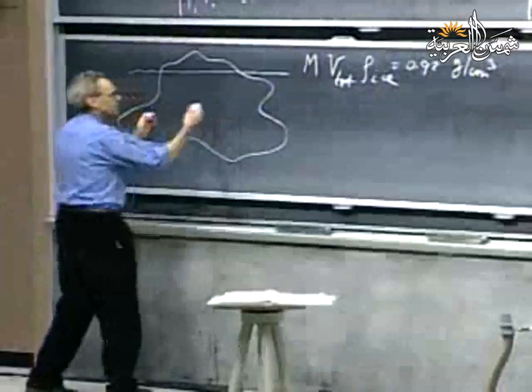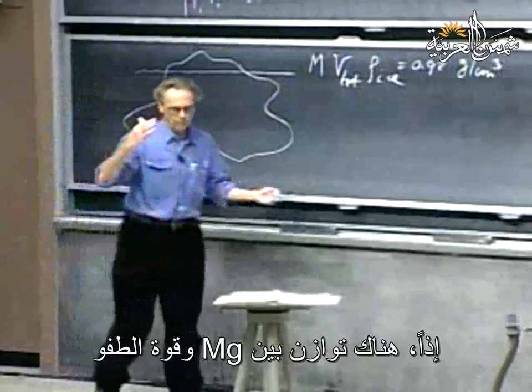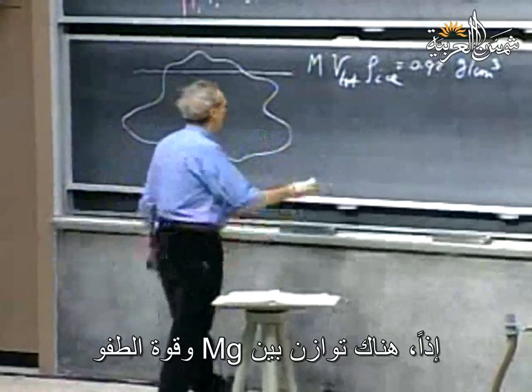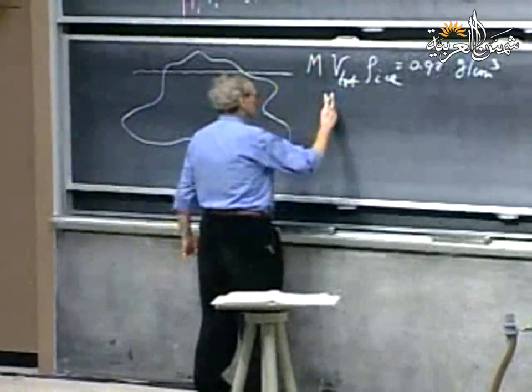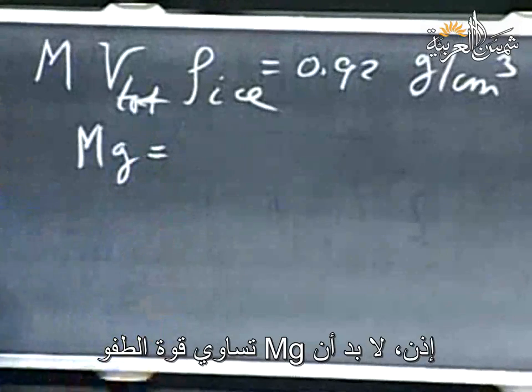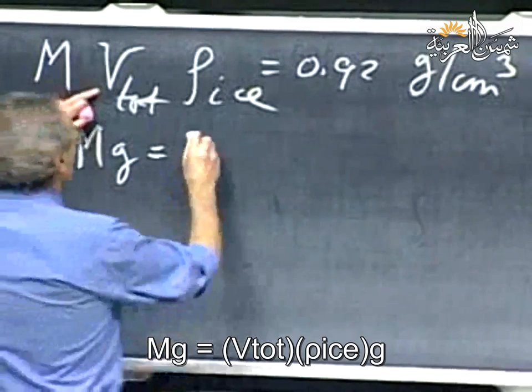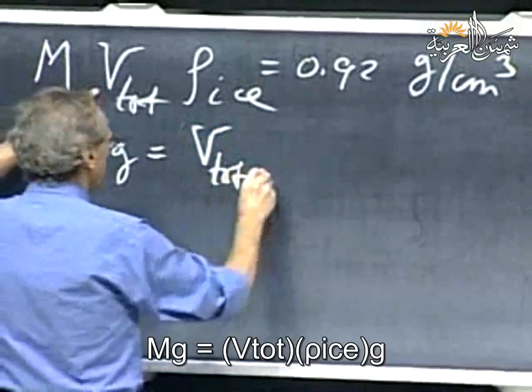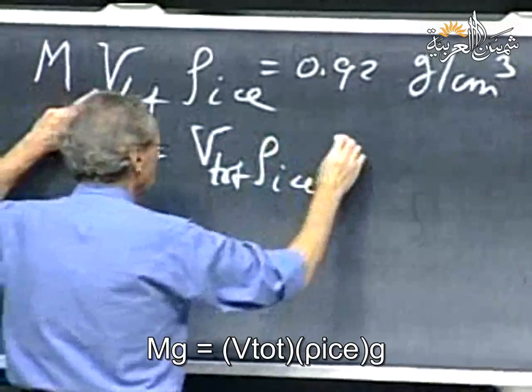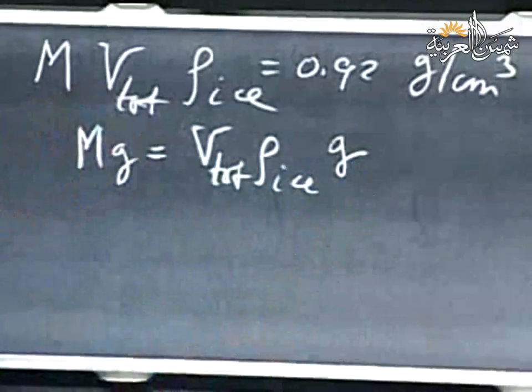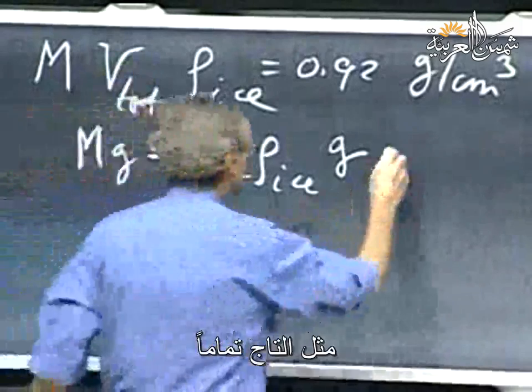This is floating. And so there's equilibrium between mg and the buoyant force. So mg must be equal to the buoyant force. Now mg is the total volume times rho ice times g, just like the crown.